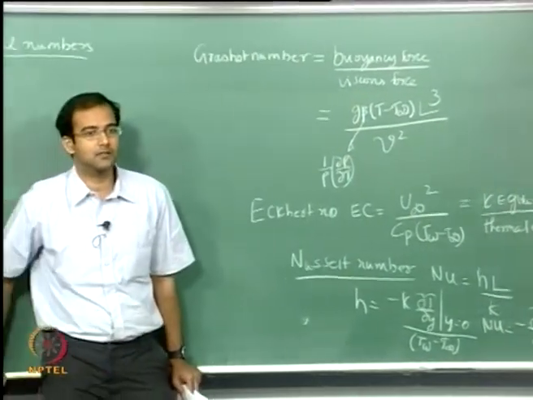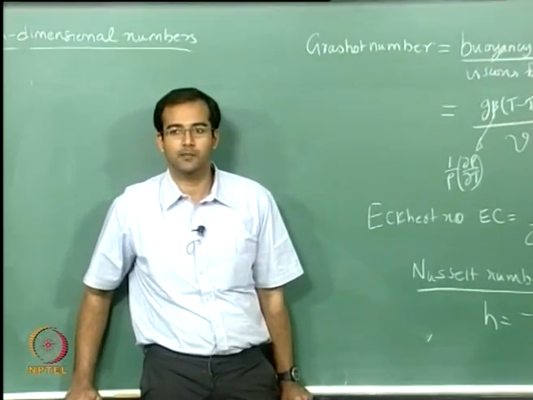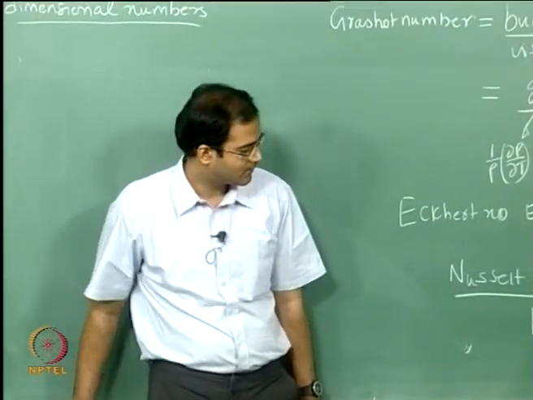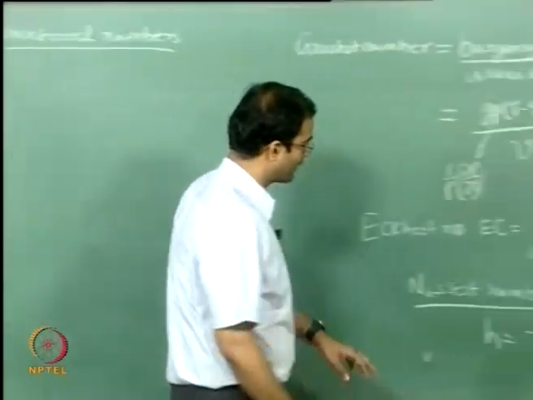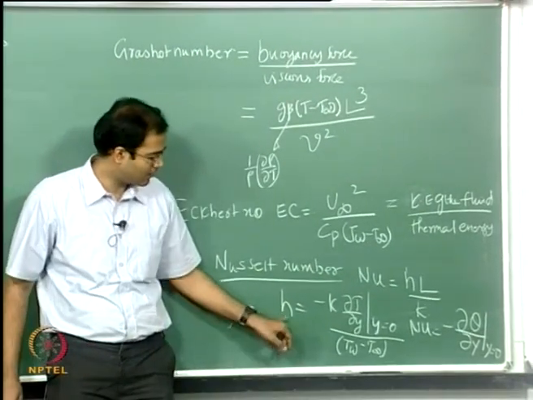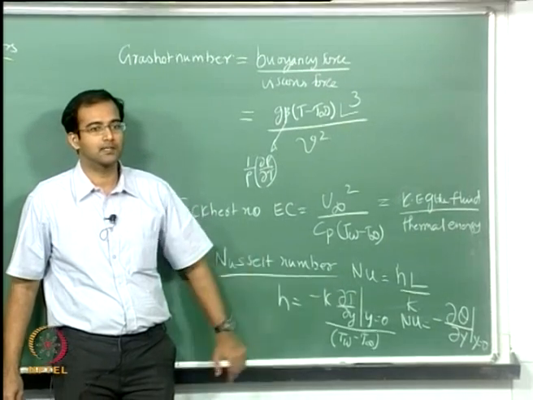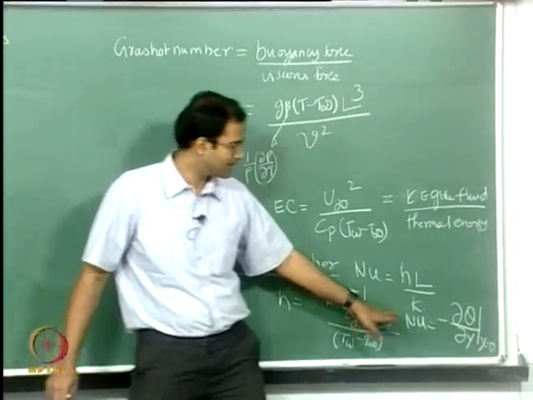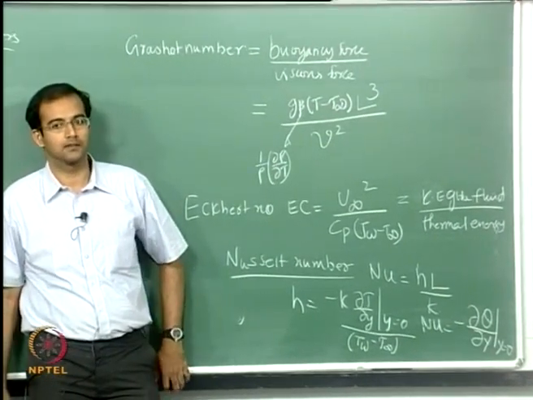So this is the advantage of casting in non-dimensional form. Your expression gets much simpler. Now you understand why we define Nusselt number in this particular way. If you have a dimensional heat transfer coefficient related to the temperature gradient, your Nusselt number is exactly nothing but your non-dimensional temperature gradient.